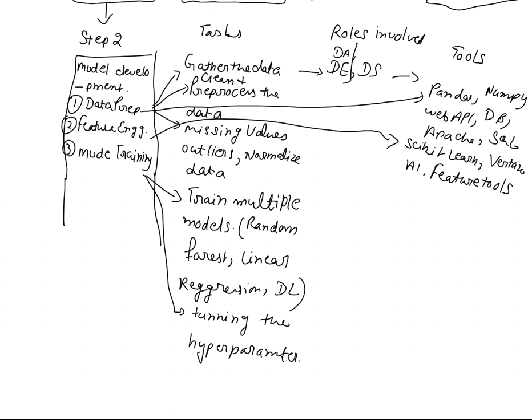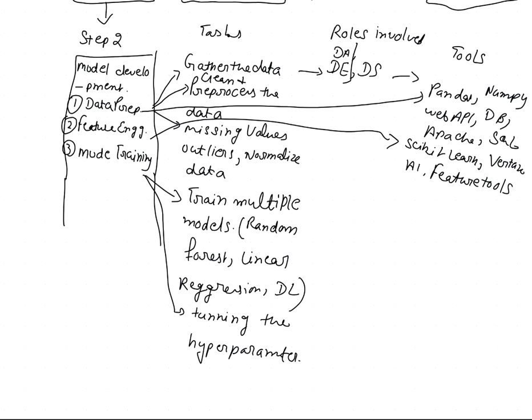The real-time example for this one is, let's say the bank experiments with different fraud detection models, like random forest for high interpretability and good accuracy. Maybe they use a deep neural network, better at detecting complex fraud patterns, right?